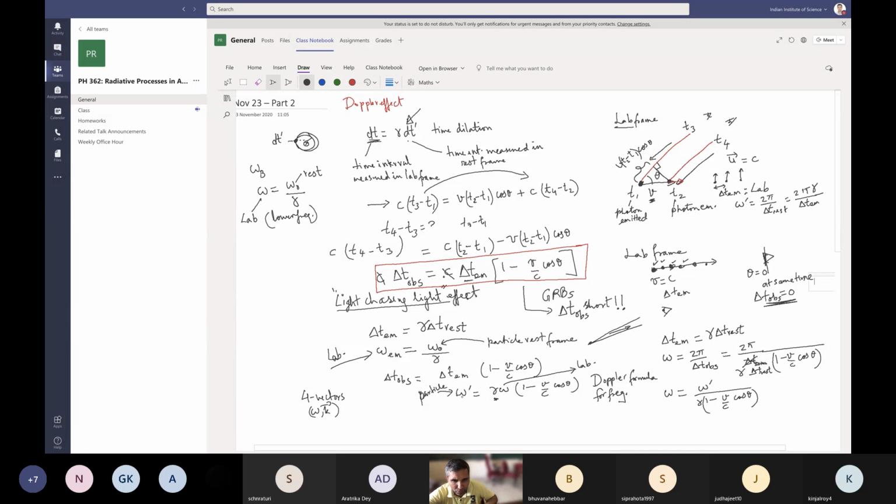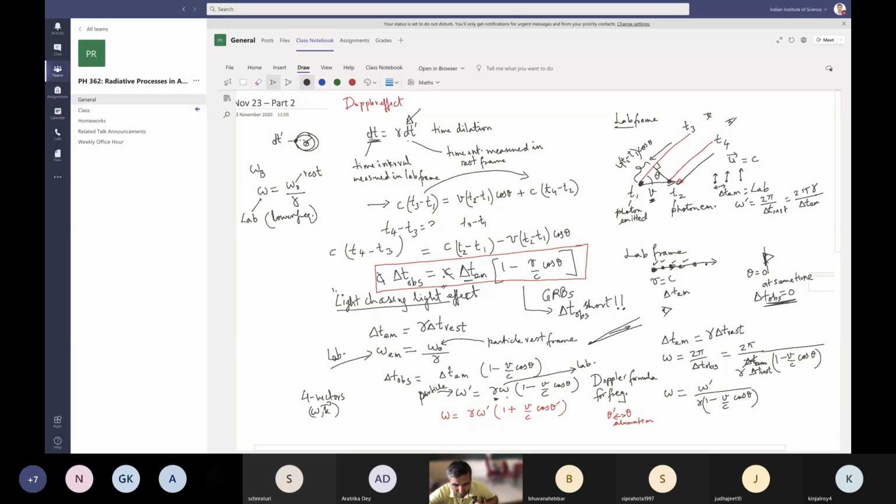So this is how omega prime can be written in terms of omega, and of course we know the inverse transformations are gamma omega prime (1 plus v by c cos theta prime), right? This is always true, and you can check that there is this relation between theta prime and theta, this aberration formula. You can actually check that this is consistent with that.